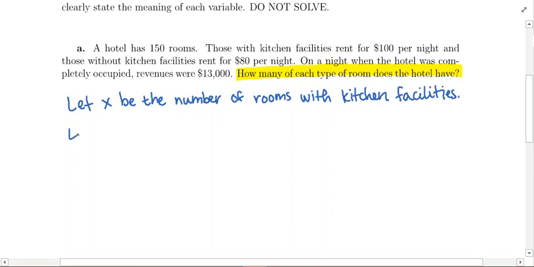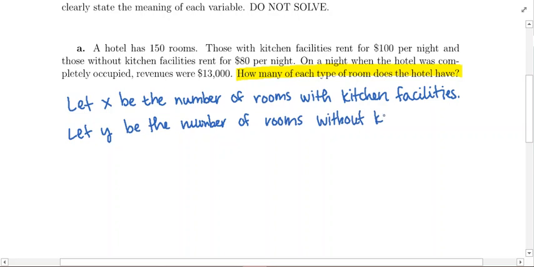Okay, so we're going to let y be the number of rooms without kitchen facilities. All right, so your variables are defined very specifically.